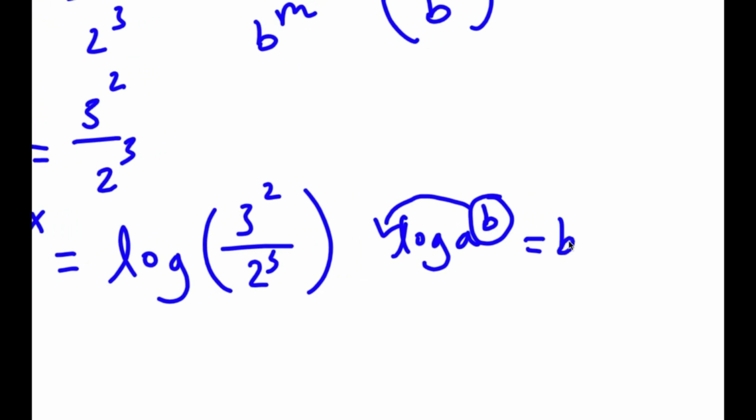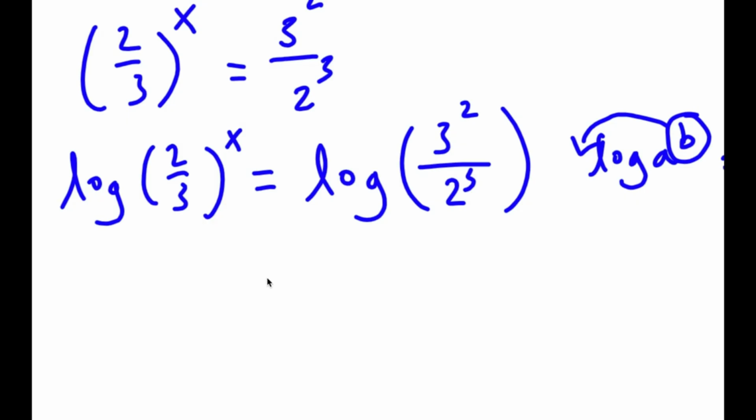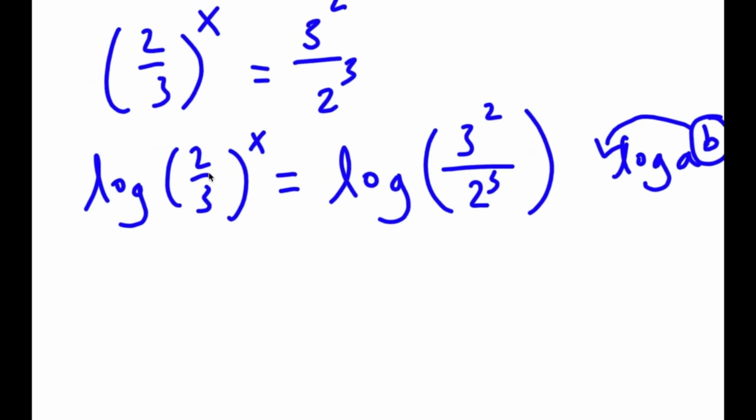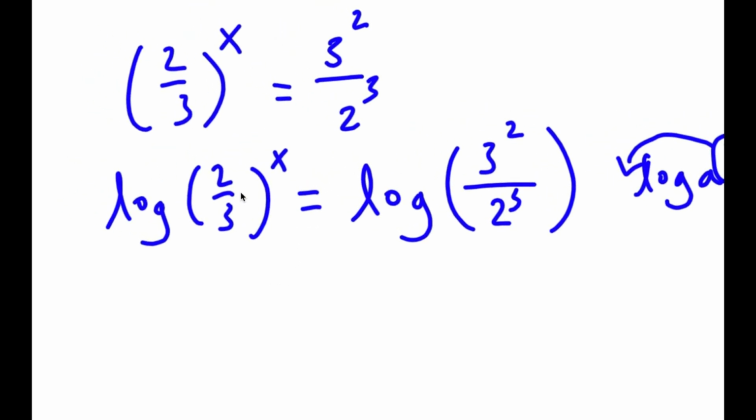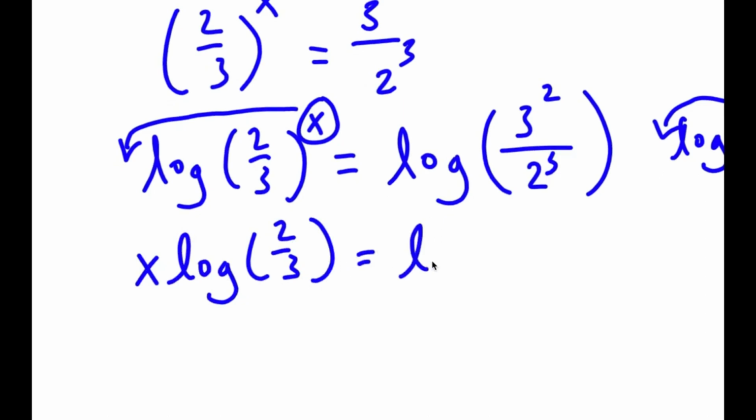So this would equal b times log a. So for log 2 over 3 to the power of x, I'm going to use this property and move my exponent x to the front of the logarithm. So now I'm going to have x times log 2 over 3 is equal to log 3 squared over 2 to the power of 3.